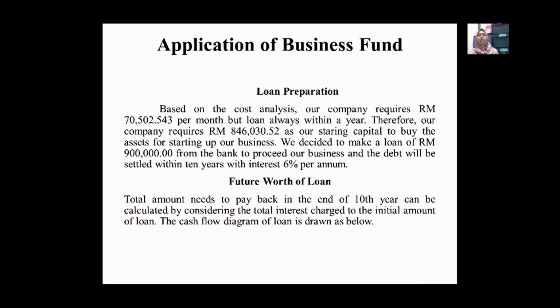So therefore, our company requires only 846,030 ringgit and 52 cents as our working capital to buy the assets for starting up our business. We decided to make a loan of RM900,000 from the bank to proceed with our business, and the debt will be settled within 10 years with interest of 6% per annum.